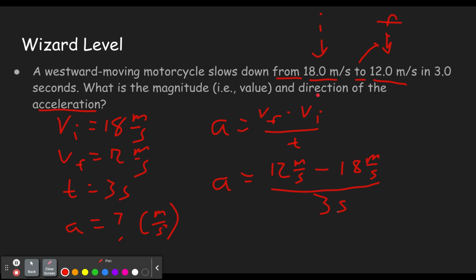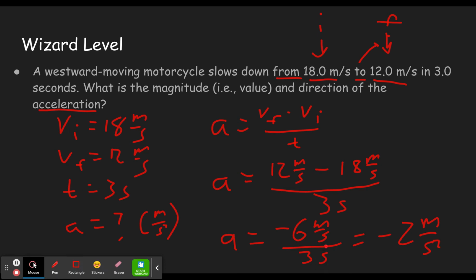We'll do a little intermediate step here. 12 minus 18 will give us negative 6 meters per second divided by 3 seconds. And that will give us negative 2 meters per second squared, because we had a seconds in the denominator there, and we had a seconds in the denominator there. So we get seconds squared.